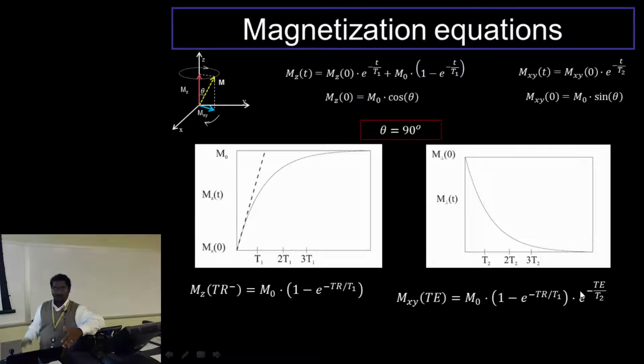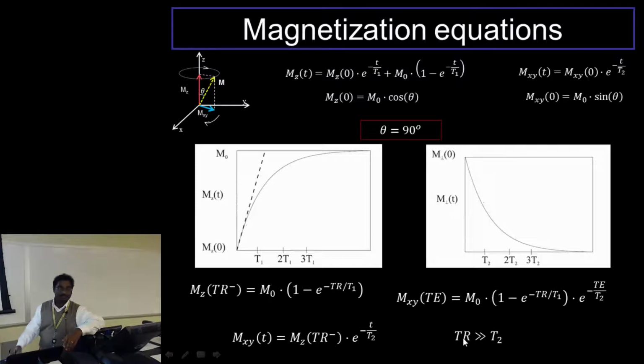The reason we're going through all of this is that it has to do with the contrast discussion. M0 is your spin density, T1 is your longitudinal relaxation, and T2 is your transverse decay rate, right? So your signal is being weighted by all of them. This is true under this assumption, so you just have to remember that.